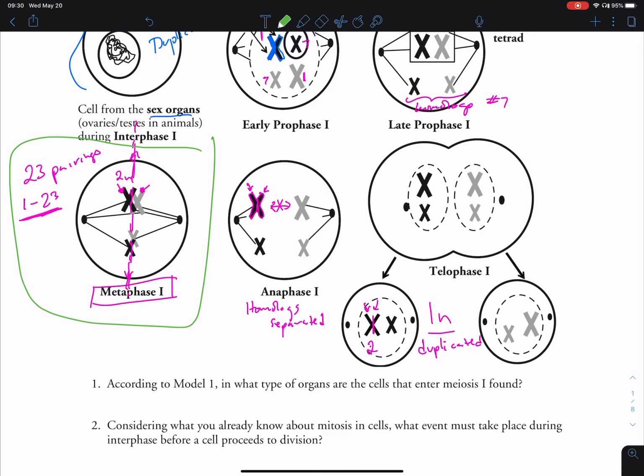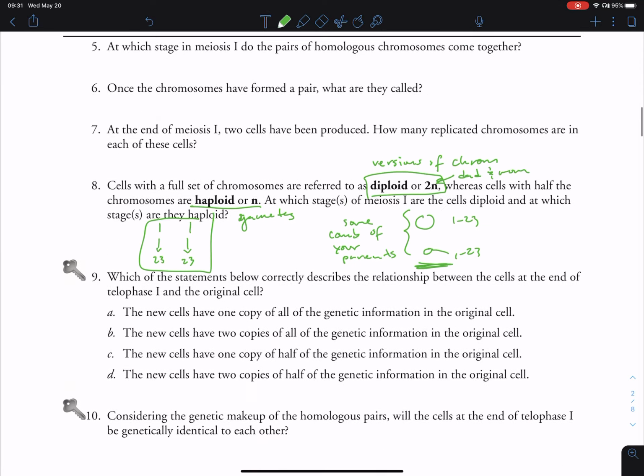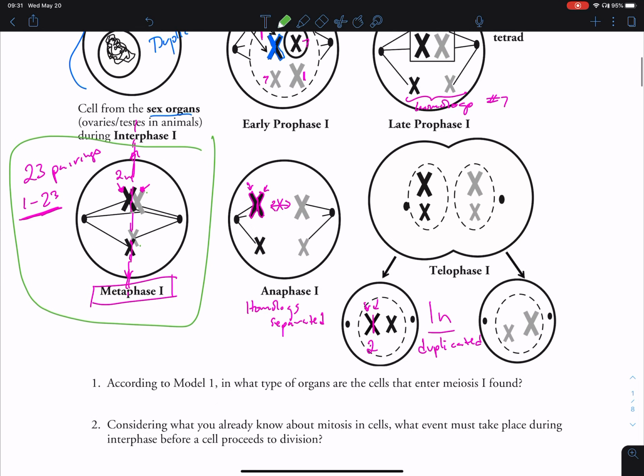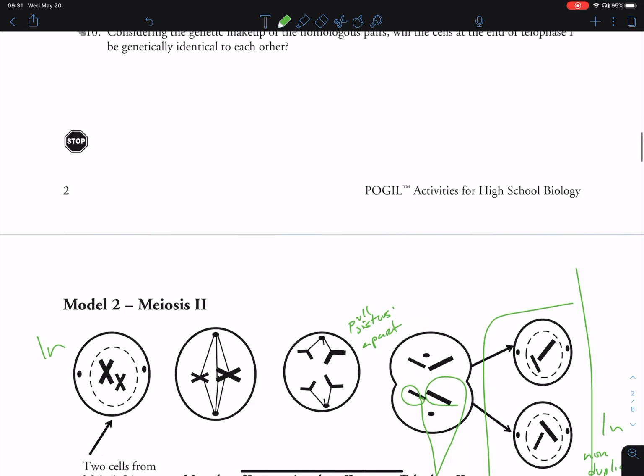You could have dark and dark on this side and light on this side, or mixed. And remember, that's happening for 23 of them. So there are technically, for my math people, 2 to the 23rd variations of just how those homologs line up and divide, which is kind of bonkers to think about.